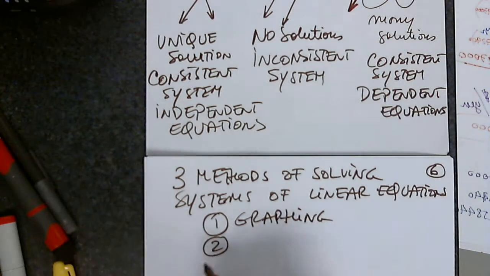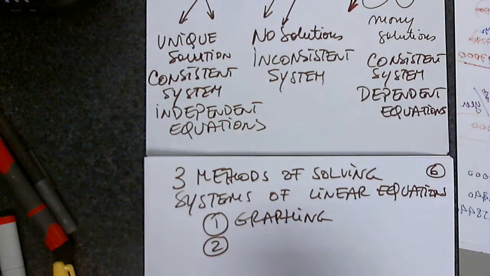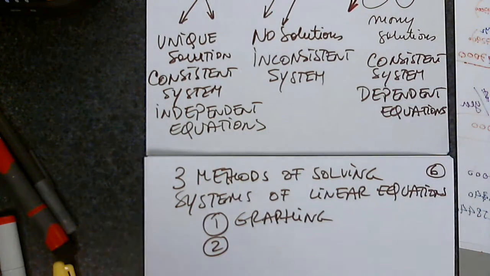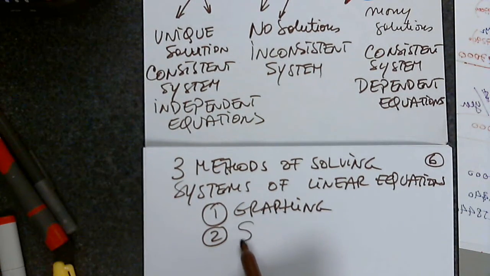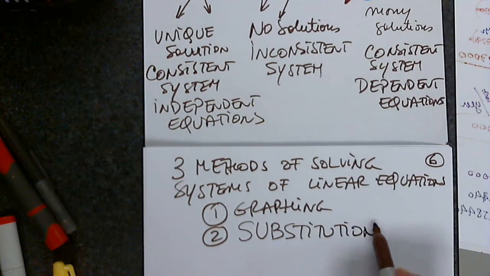Number 2, we just did last time. How did we call it? When we solved the word problem with the rectangular parking lot, which method did we use for solving systems? Exactly. We substituted.